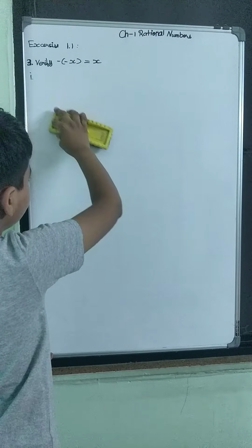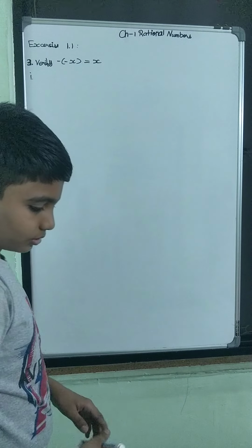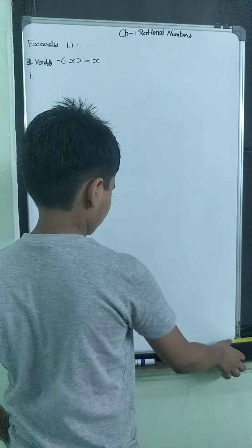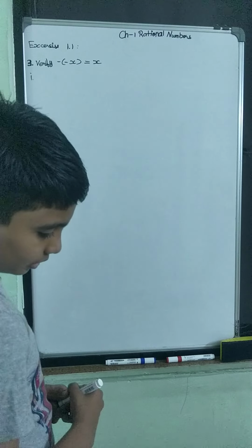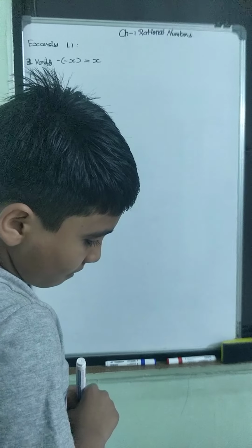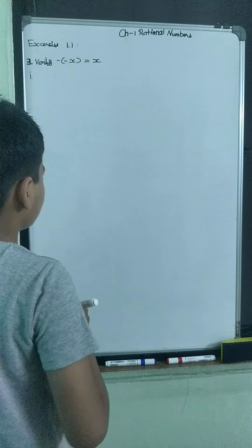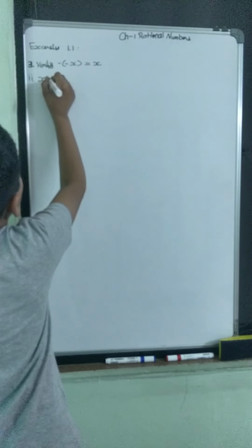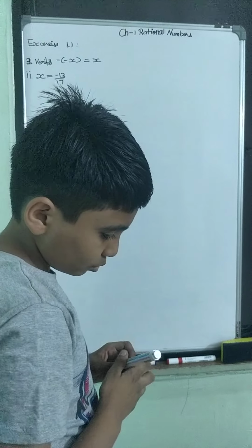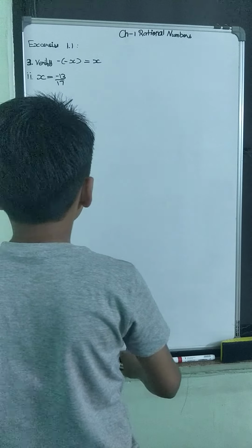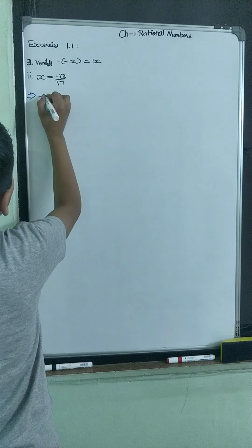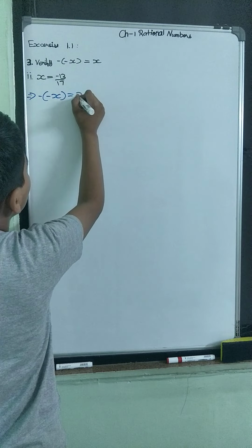Okay, now let's see the second question of question 3. In our next question, x is equal to minus 13 by 17. So how do we get the answer? We can already see that the value is negative. So first of all, minus x is equal to x.